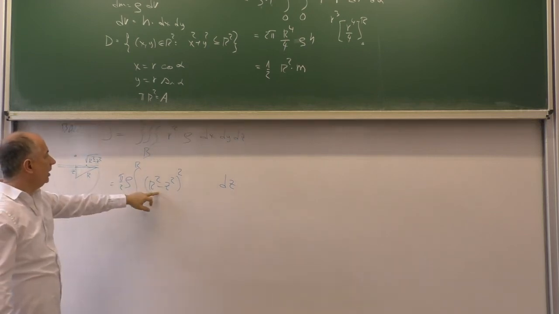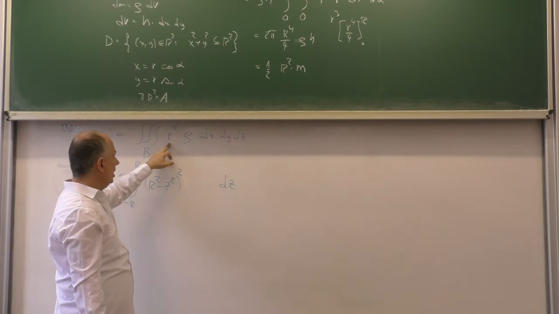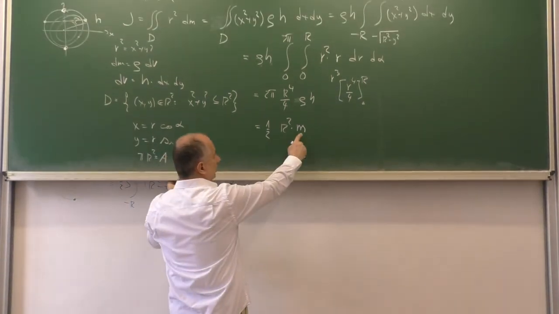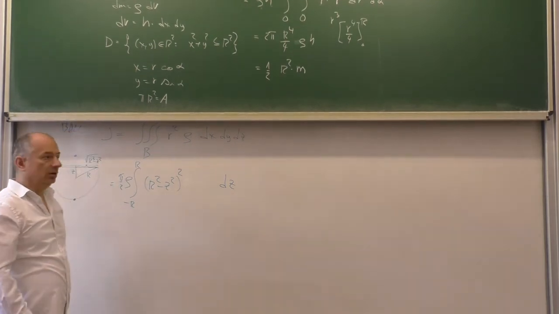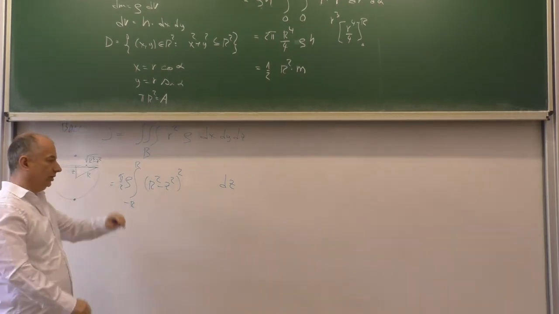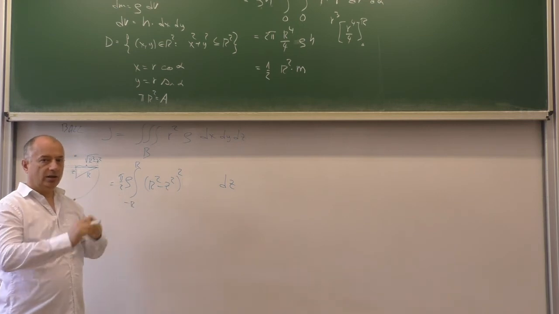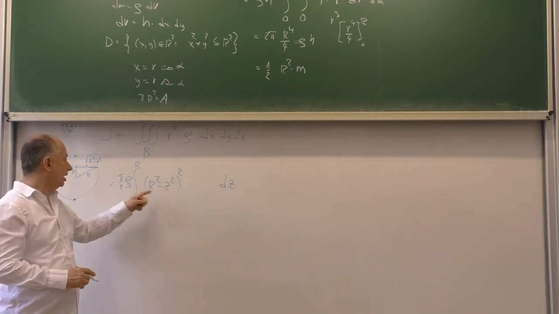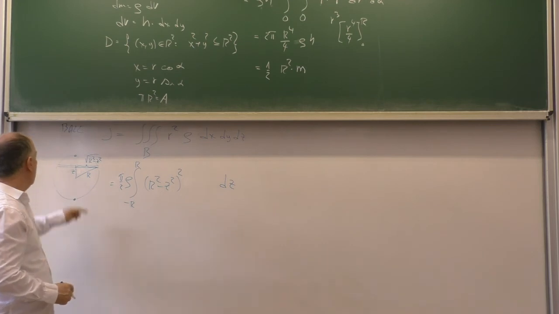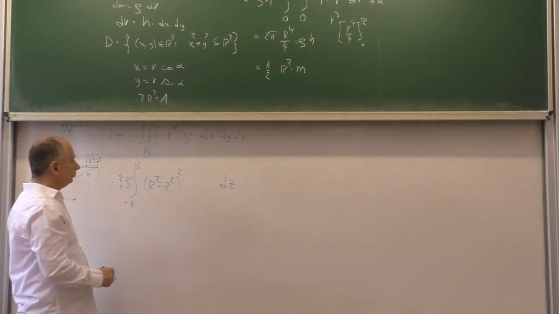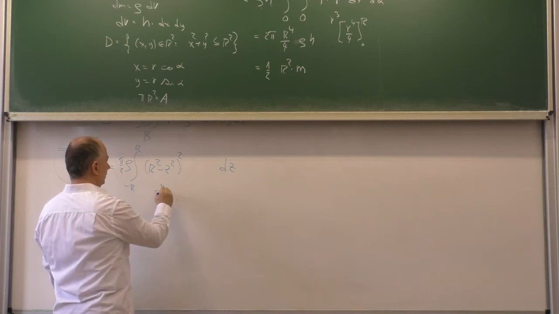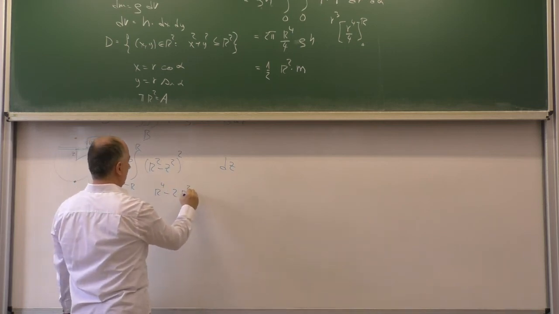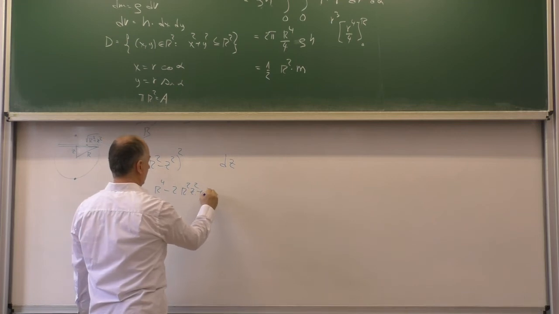Once again, one bracket comes from r squared, and the other bracket comes from mass, which is the density times the volume. And the volume is the area times the height, and the area is pi r squared. And r squared is this. If we expand this multiplication, we have R to the 4 minus 2R squared z squared plus z to the 4.